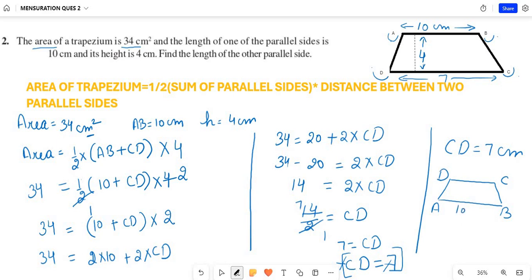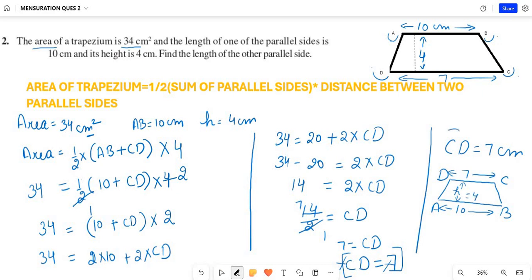So AB is equal to 10. You can make this diagram later on after solving this question to show to the teacher that earlier we assumed that this is 10, but since we have got this length smaller, we are making the diagram again. This is 7 and the height, this distance is equal to 4.